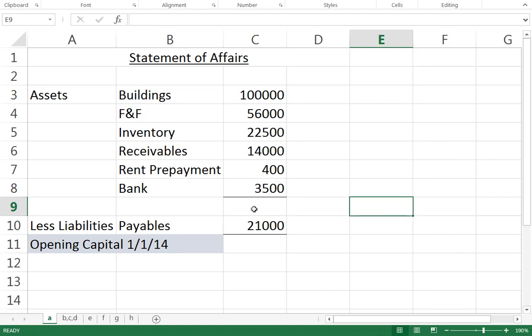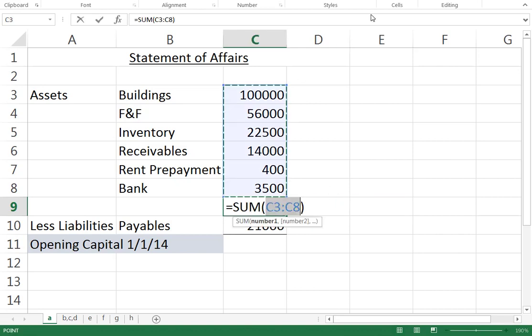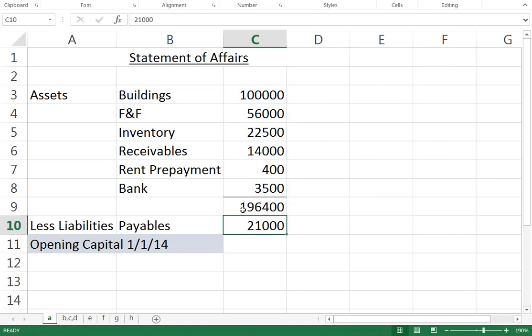Okay, so I'm going to total all of my assets. That comes to 196,400. So that's total assets 196,400 less liabilities, and the only liability I have is payables, so I'm going to just make that a minus there.